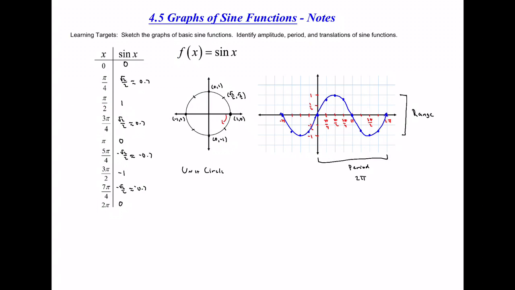Okay, so going back and looking at our graph, if we have an ordered pair, let's just pick this one right here, of pi over 2 comma 1, then when we do that rotation around the origin, we should have negative pi over 2 is the same thing as negative 1. So they both become opposite, and you can see right down here that that's the case. So it's taking this graph and rotating it, and that makes it symmetric to the origin.